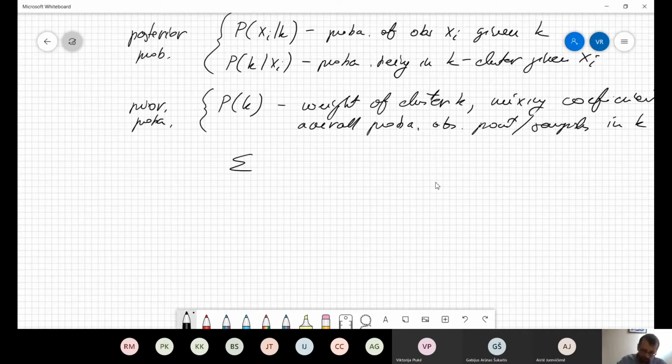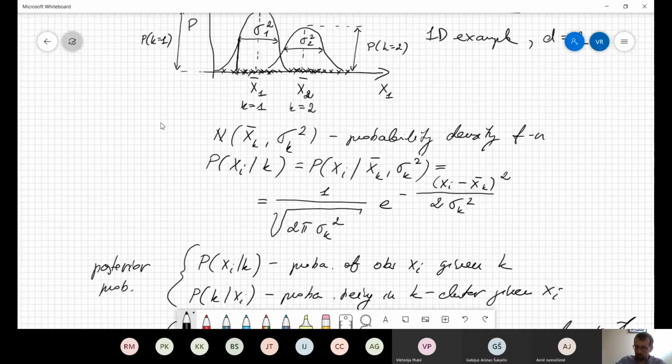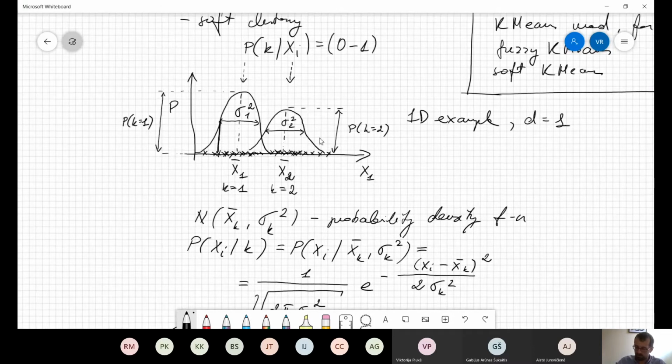So basically, if we take k equals 1 until K, where K is the number of clusters, all these priors are equal to 1 if we sum up all the heights. So these need to be balanced.